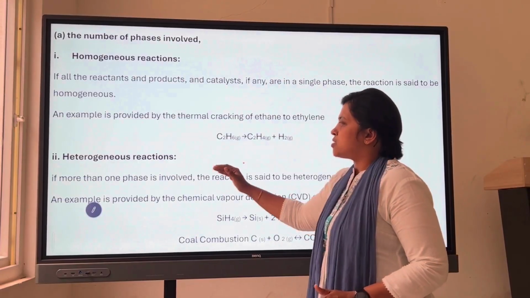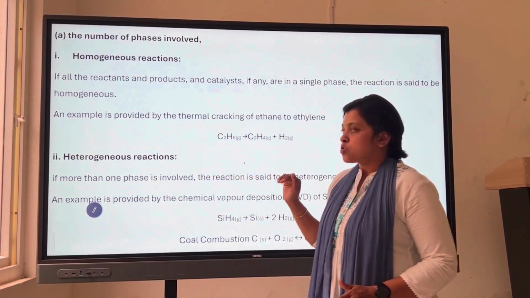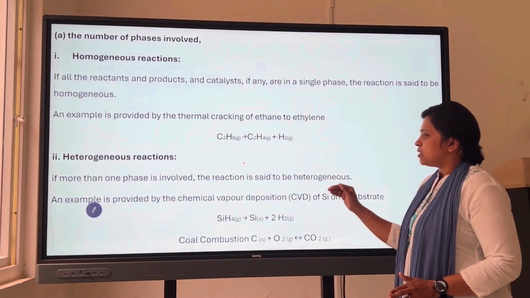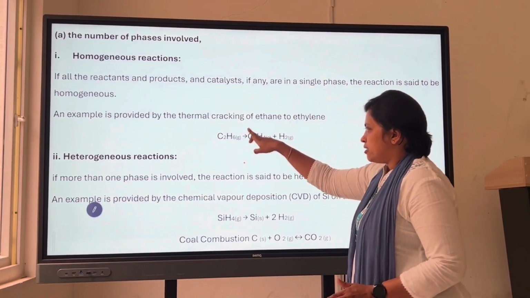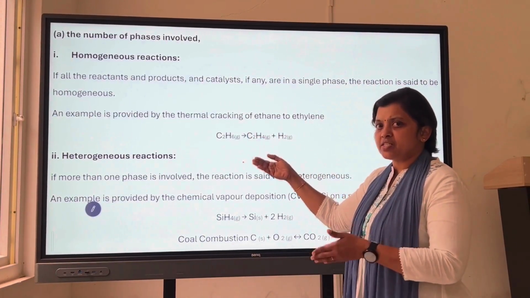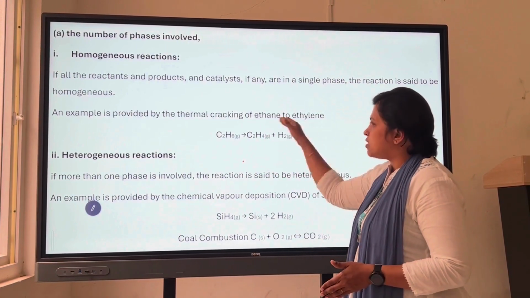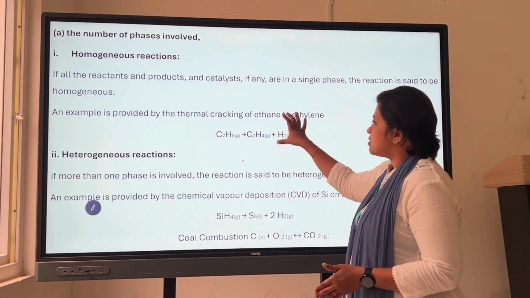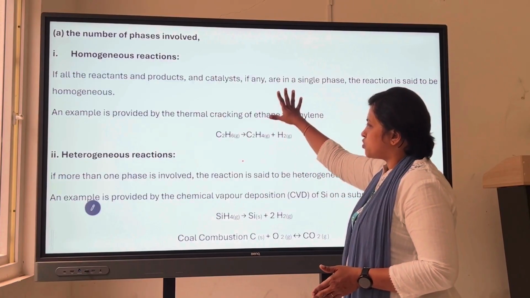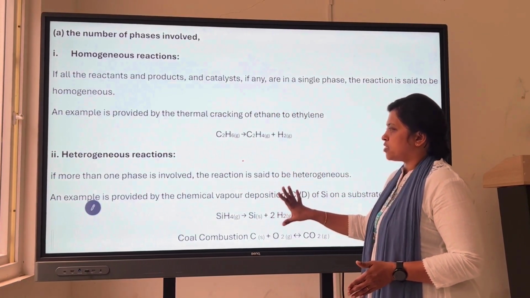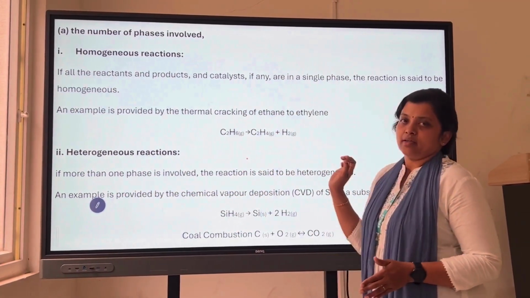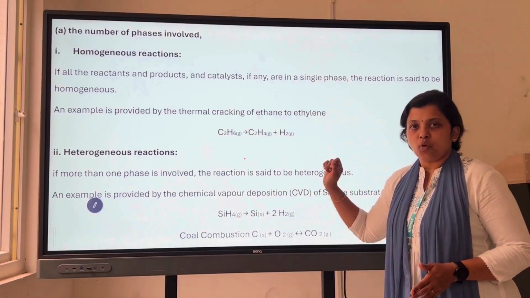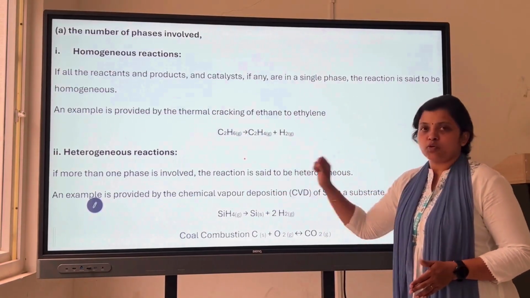The next one is heterogeneous reactions. We have discussed already: reactants, products and catalysts. If a catalyst is present, then all three should be in the same phase for it to be homogeneous. Different phases means heterogeneous. If more than one phase is involved, that reaction is called a heterogeneous reaction.